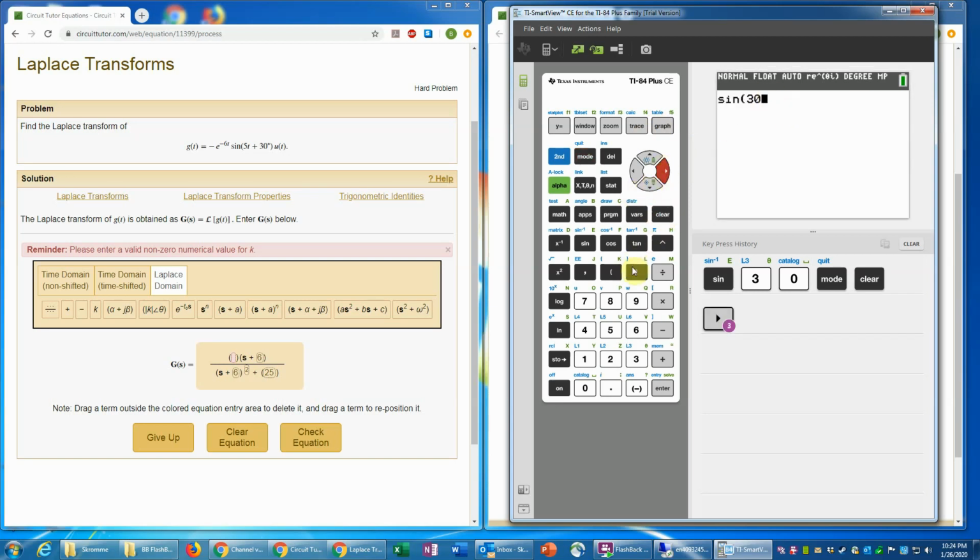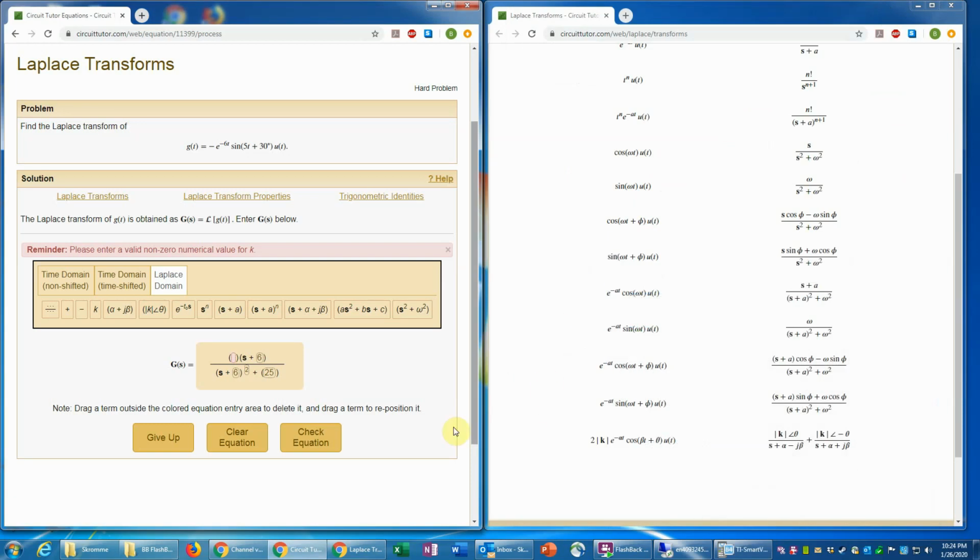And so sine of phi, and actually we want this all times -1, so I'll just go times -1. So that will give us a -0.5, as you may have known is the answer. And so we have -0.5.